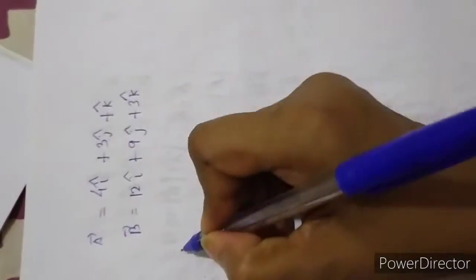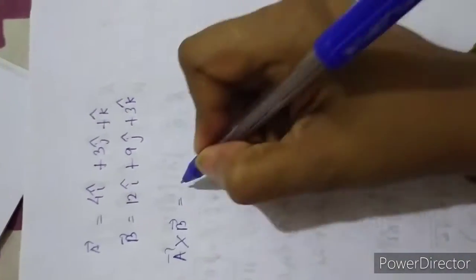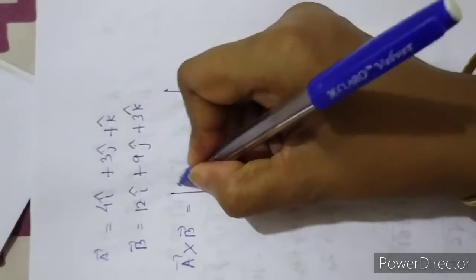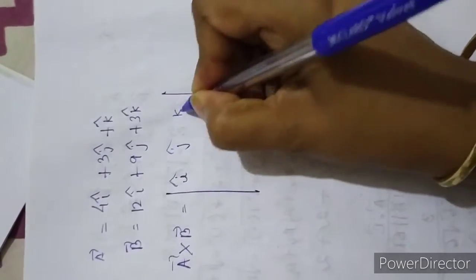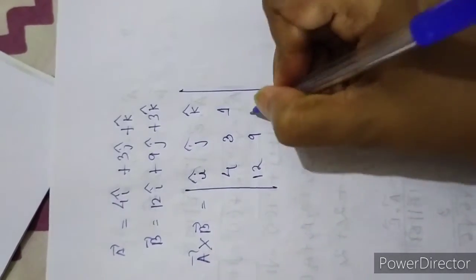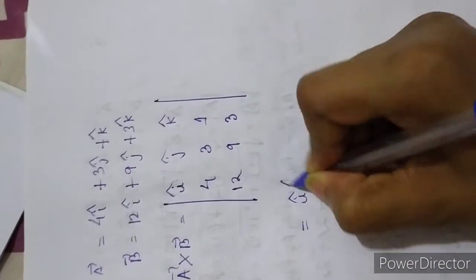You have to prove that these two vectors are perpendicular to each other. So what we will do, we will write a cross b, which is equal to, I hope you remember, first I will write i, j, k. Then a, I will write 4, 3, 1. Then 12, 9, 3. So it will be equal to first i cap.